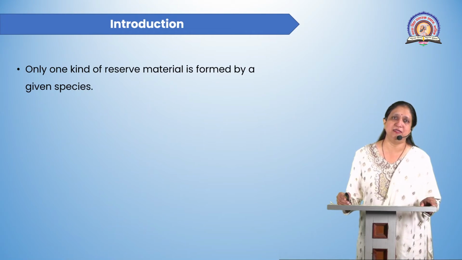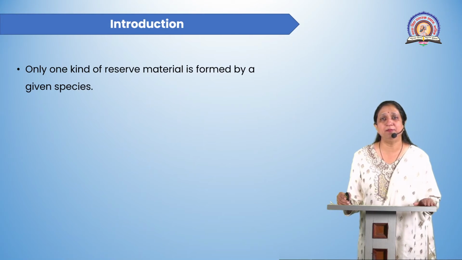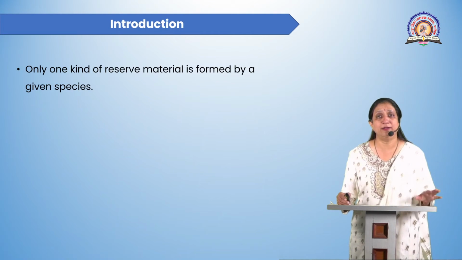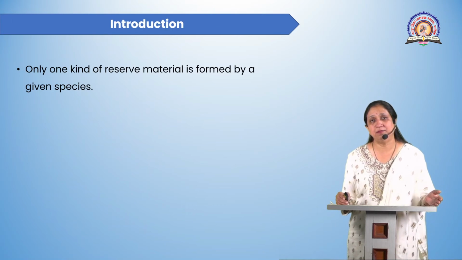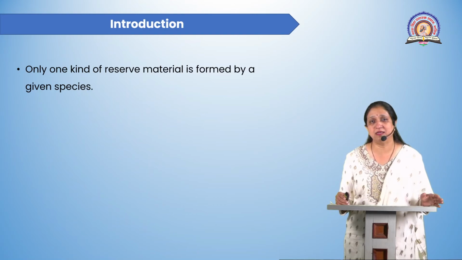So most of the bacteria can produce either the metachromatic granules, or they can produce the PHB granules. Both these granules are non-nitrogenous granules. So, either the PHB or the metachromatic granules can be produced by the cell.